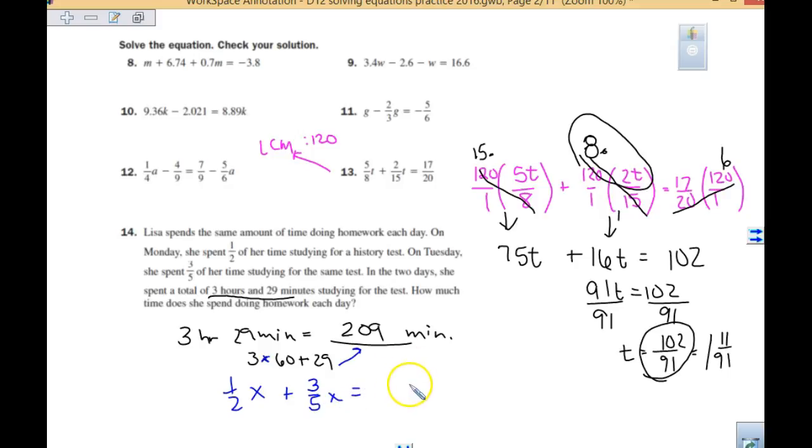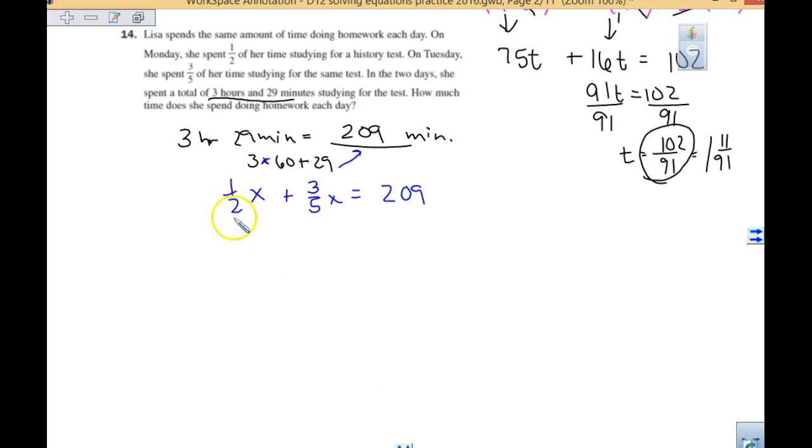And this equals our total time studying, which was 209. So Greta, if we're looking at solving this, what would you multiply everything by so we don't have any fractions? 10. So I'm going to put this as 10 over 1 times 10 over 1 times 10. 2,090.